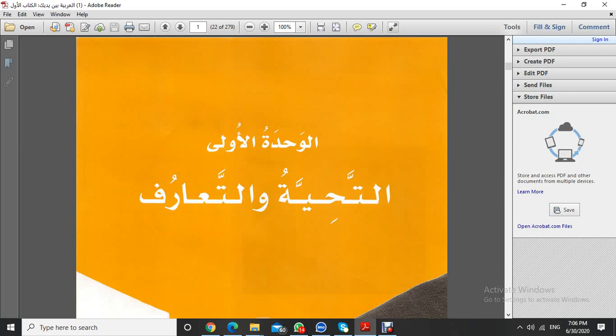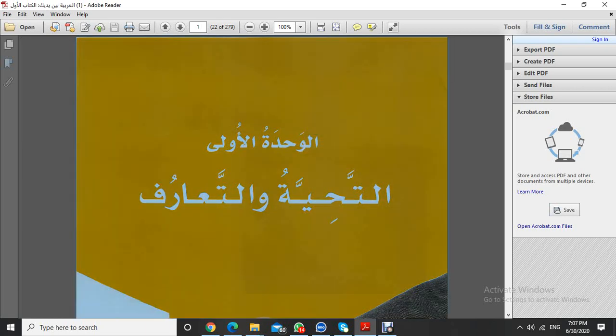This alif lam is added to the word wahda and is used for a definite word. Whenever we have to mention a definite word in Arabic, it's shown this way. So al-wahdatul ula means the first chapter.